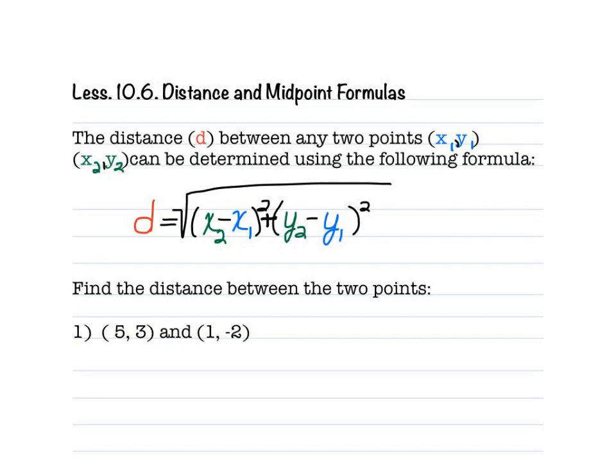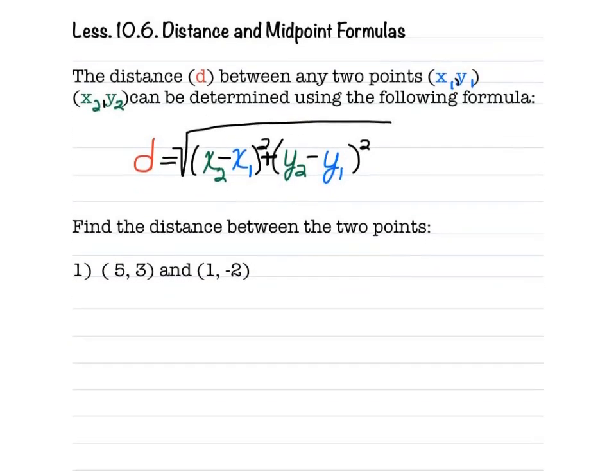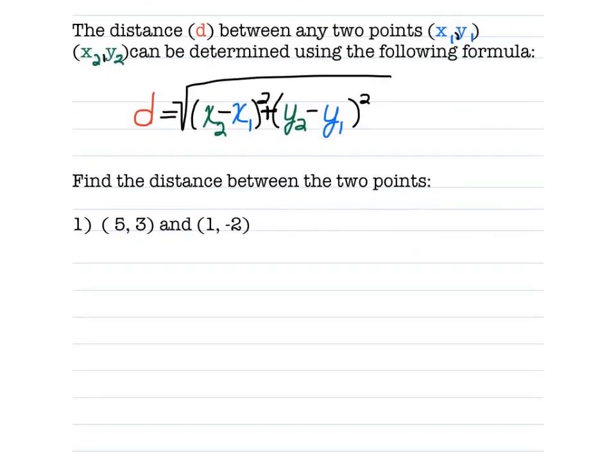This is one of those formulas that you will commit to memory. In order to help you memorize this formula, we will write it each time we calculate the distance between 2 points. Okay, let's practice. Find the distance between the 2 points.